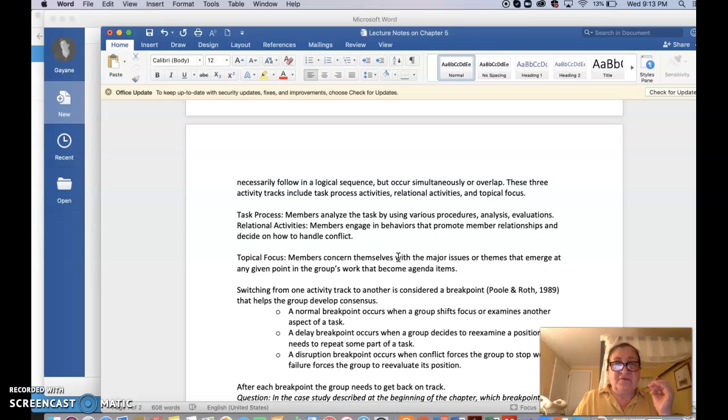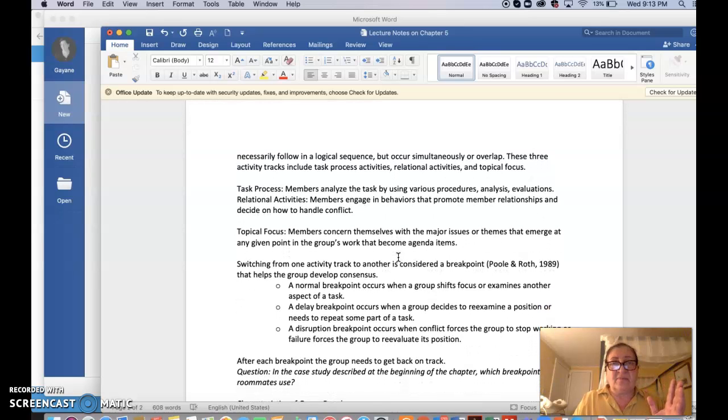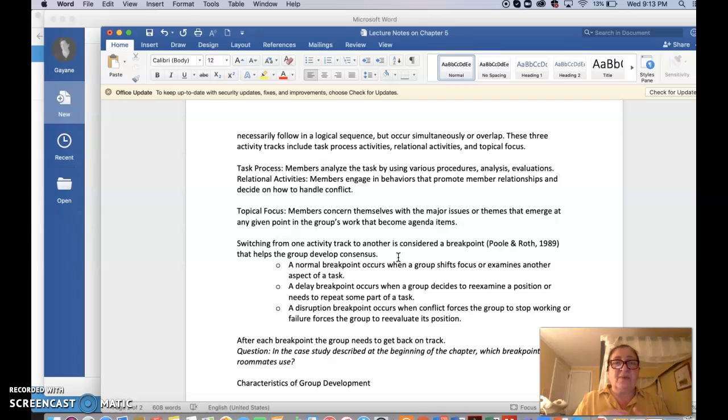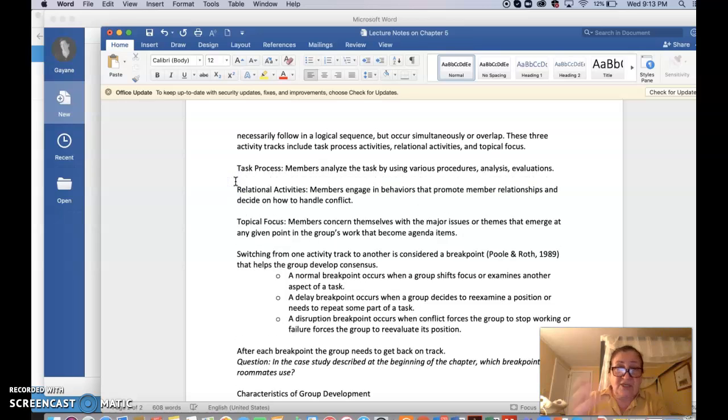So the first one is the task process, in which members analyze the task by using various procedures, analysis, evaluations. The relational activities can happen simultaneously or overlapping; one is not finished, the second one starts.